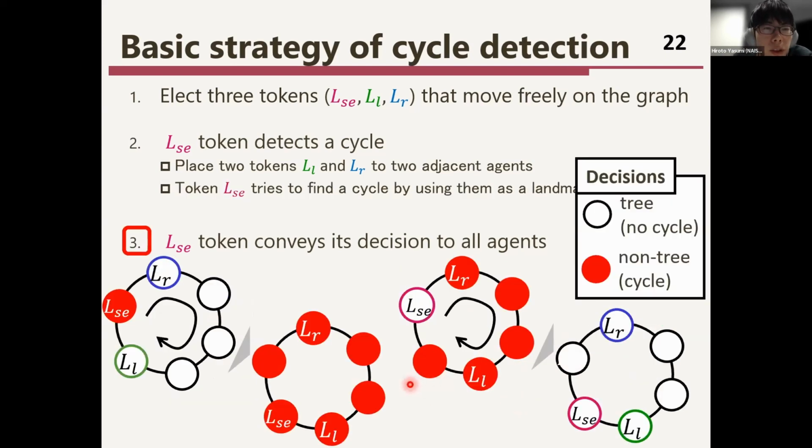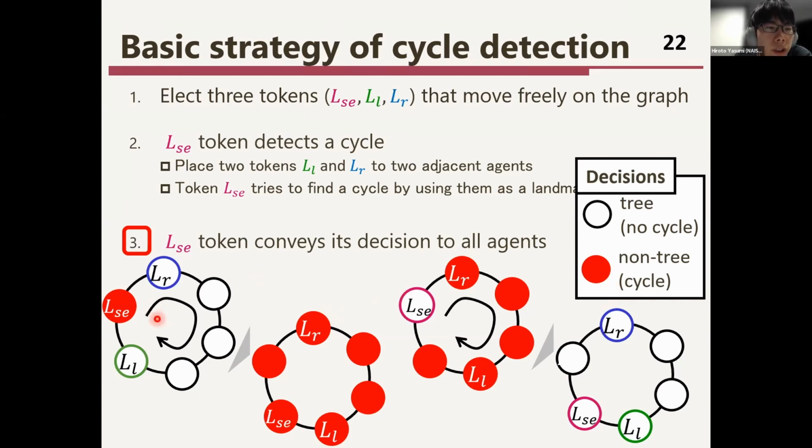After detecting the cycle, LSE token conveys its decision to all agents. This white node represents an agent with 3 decision. That is, the agent thinks that there is no cycle. And this red node represents an agent with non-3 decision. This agent thinks that there is a cycle.